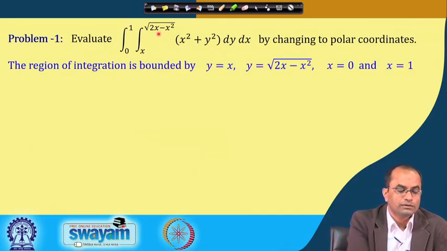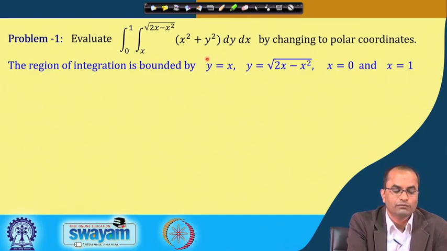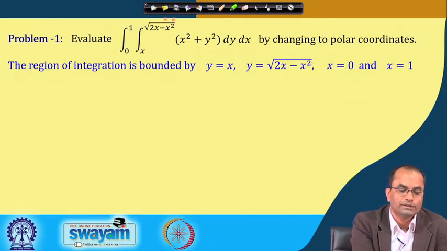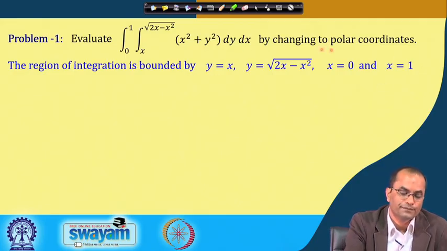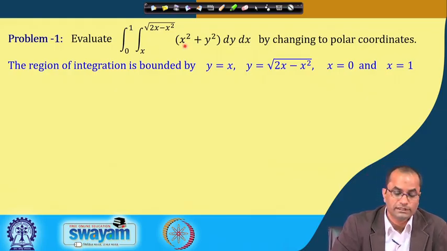The region of this integration is given by the line y is equal to x, and y is equal to square root of 2x minus x square, the upper boundary, and then x is equal to 0 and x is equal to 1. The region enclosed by these curves will give us the region of integration for this integral.